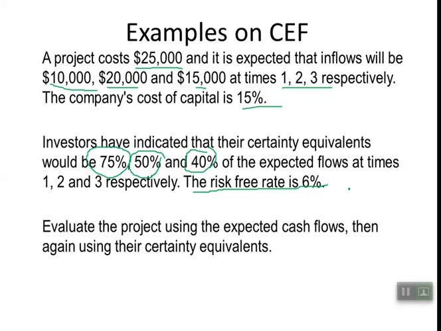If you don't have a risk-free rate, but you have a beta and a market return, then you can be able to derive the risk-free rate. We shall look at that one when we are looking at cost of capital or portfolio in our other videos. So we are required to evaluate the project using the expected cash flow, then again using certainty equivalent factor.